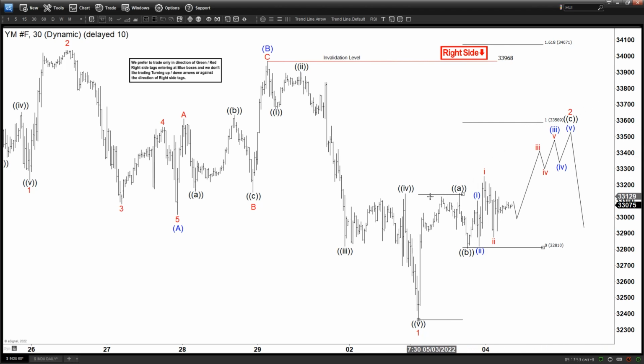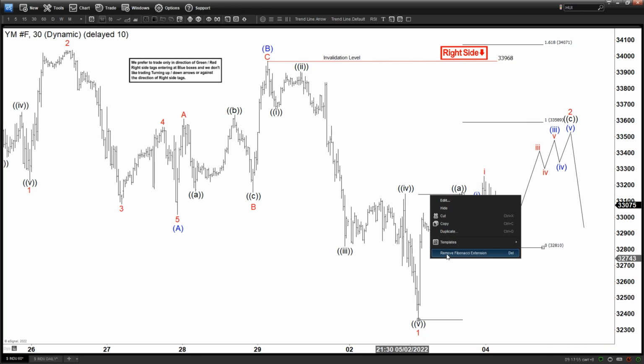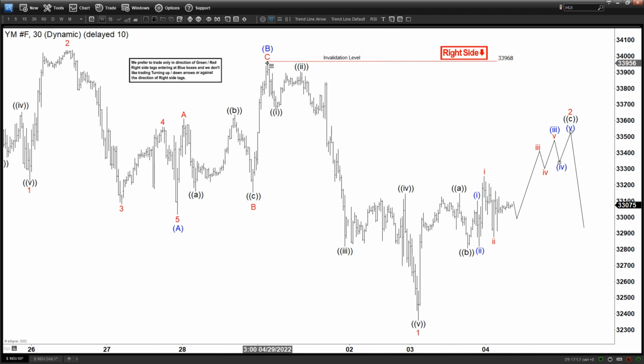Okay, if you use retracement, then you will measure the retracement starting from here, because the wave 2 is correcting this decline here.